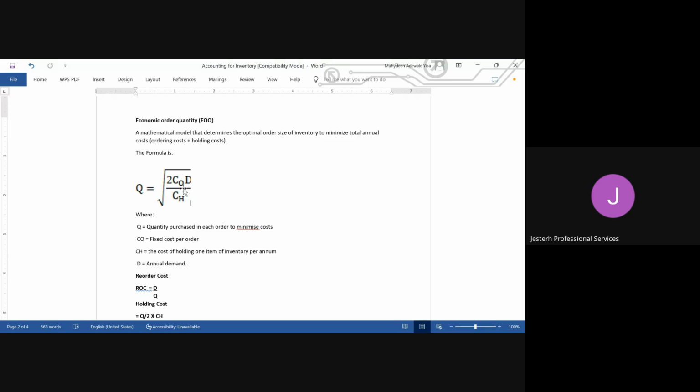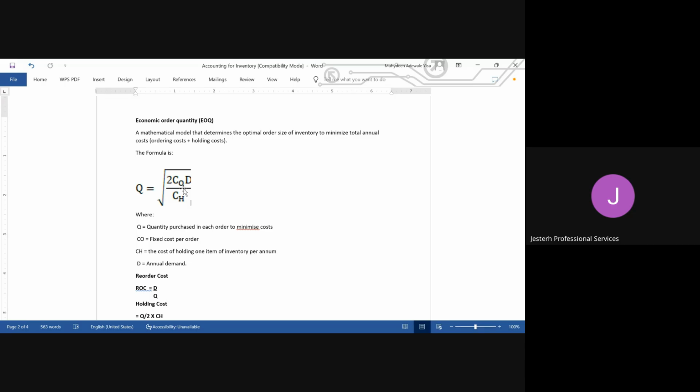Now, what is Q? Q simply means the total quantity that the company budgeted to purchase every year. While the CO stands for the fixed cost per order. You know, every organization decided to have the cost per order that they will incur whenever they want to bring in their inventories.